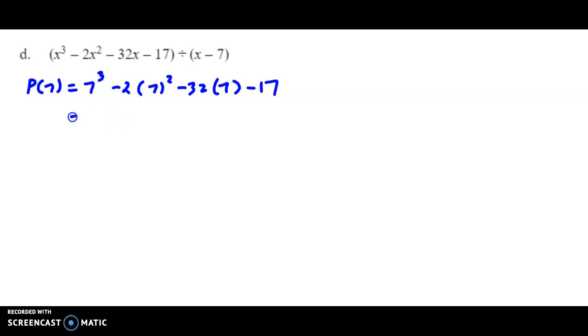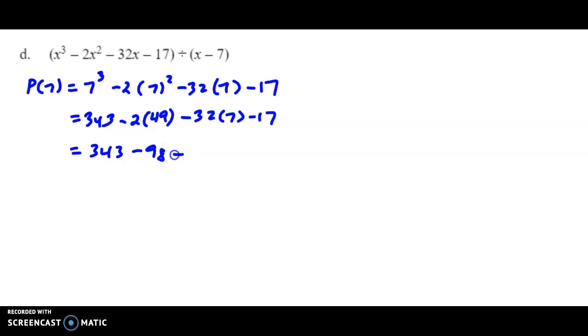Okay, so we work this out. I go to my calculator and I'm going to get these numbers here. That's going to be 343. And this one I'll just work out. Minus 2 times 7 squared, which is 49, minus 32 times 7 minus 17. This is 49 times 2, which would be 98.